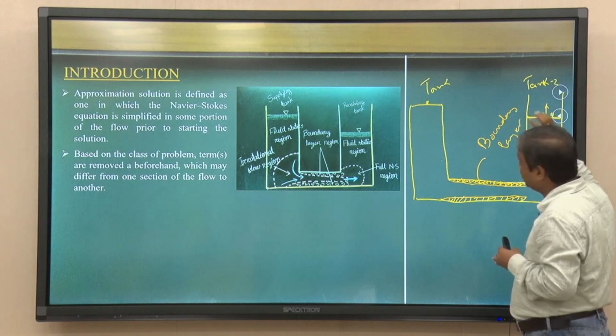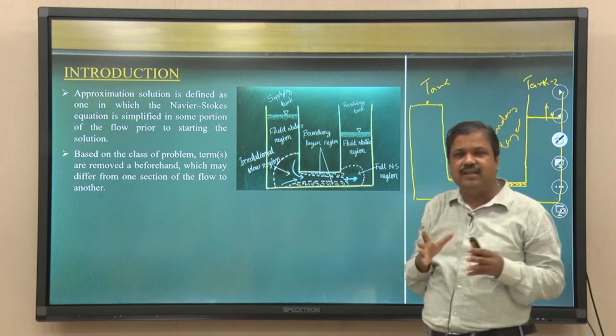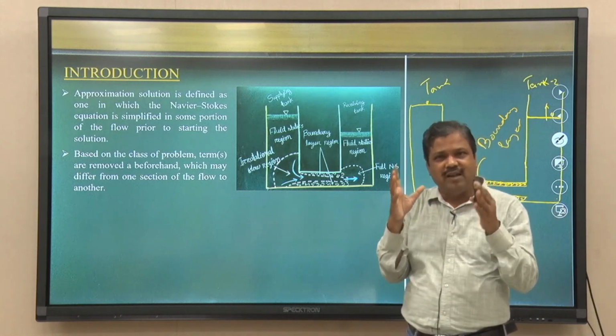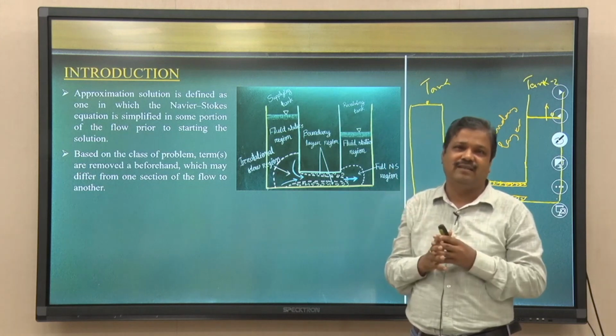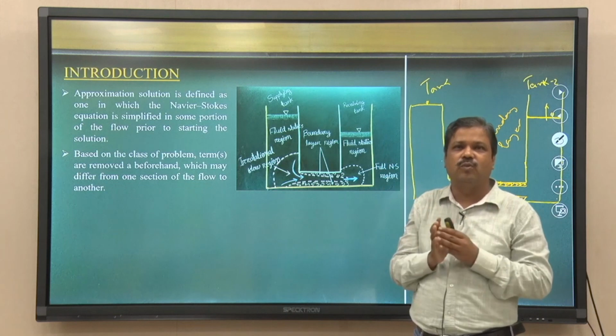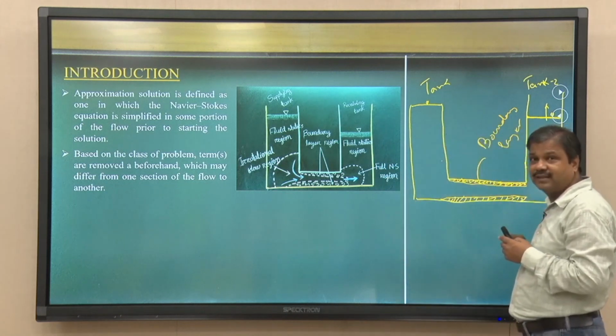So, that is the reason we define boundary layers as regions where you have vorticity and viscosity dominance, but this layer is very thin as compared to the flow domain.